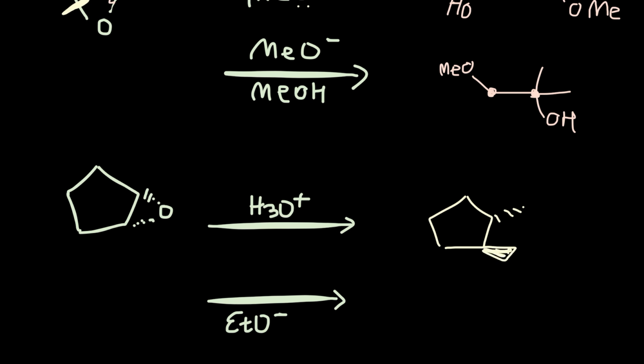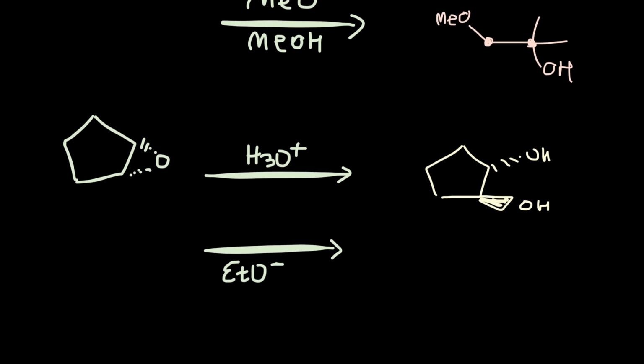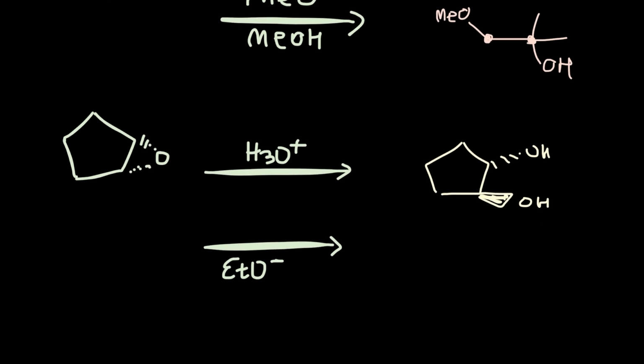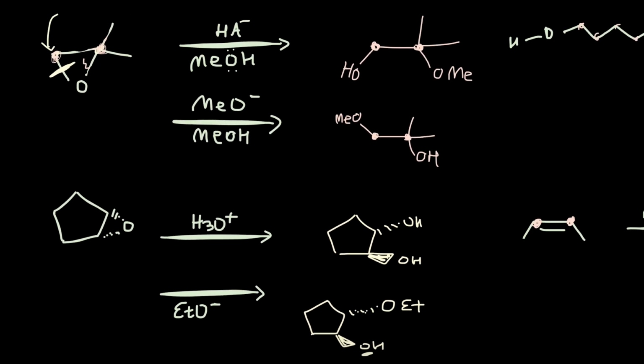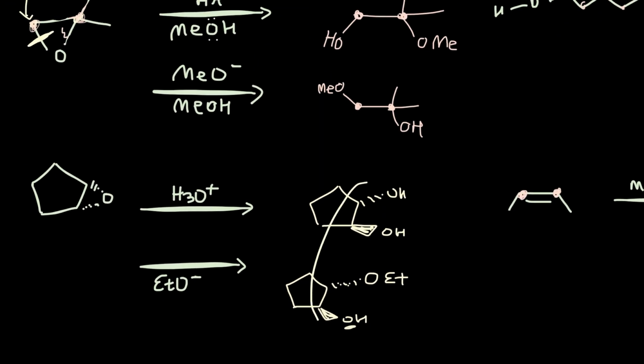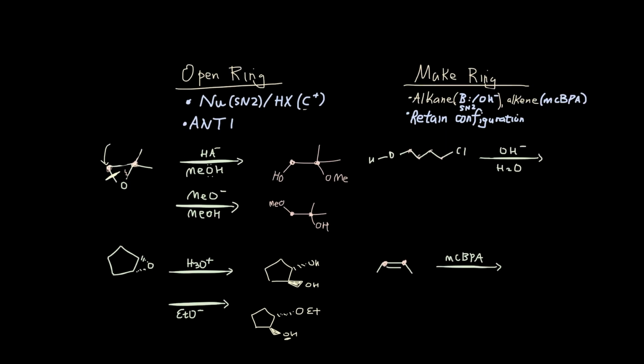Okay, because this is in acid, we're going to get two hydroxyls. Okay, let's use a nucleophile this time. A nucleophile is going to be one of your branches, and the alcohol will be the other one. Okay, and the alcohol came from the original oxygen within the epoxide. So note that this is anti, wedge, and dash.